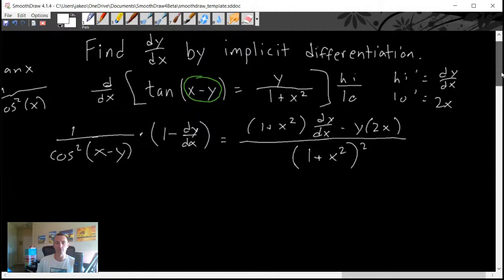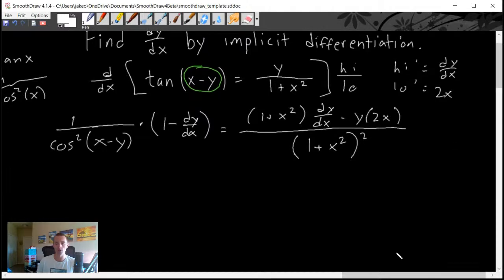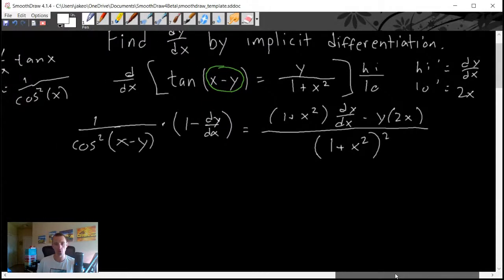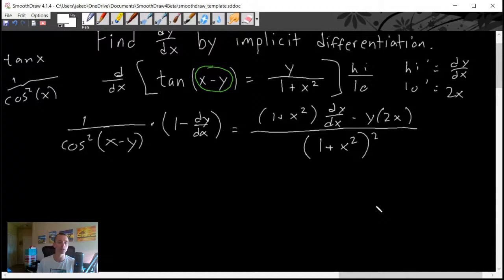Okay, so like I've been saying, once you take the derivative of both sides of your equation, what you're going to need to do is move all of your dy dx terms to one side of your equation, move all of your non-dy dx terms to the other side, and then we'll hopefully be able to factor from there. In this case, though, this is a little complicated because we have these fractions here, right?